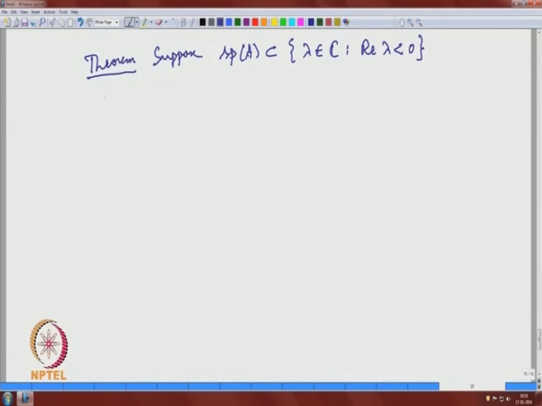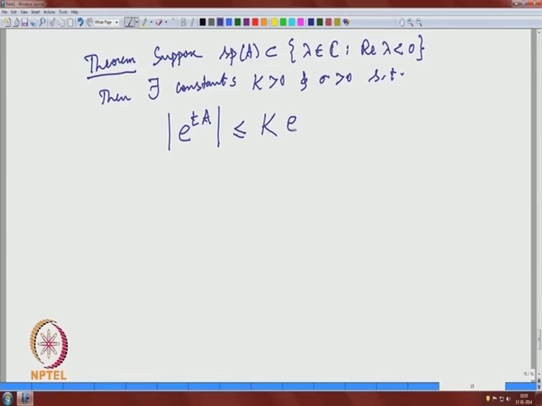Then there exist constants k positive and sigma positive such that the matrix norm of e to the tA is less than or equal to k e to the minus sigma t for all t. This is important: this is not valid for all t, only for t positive.